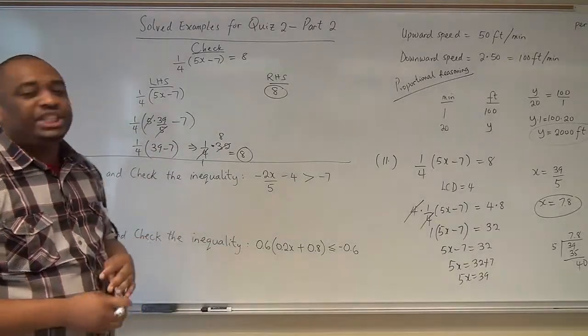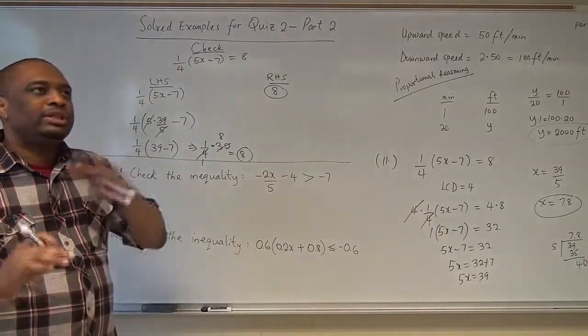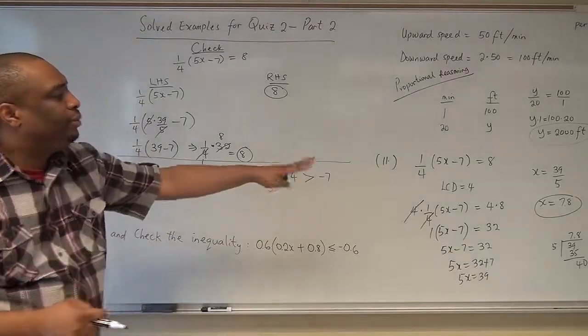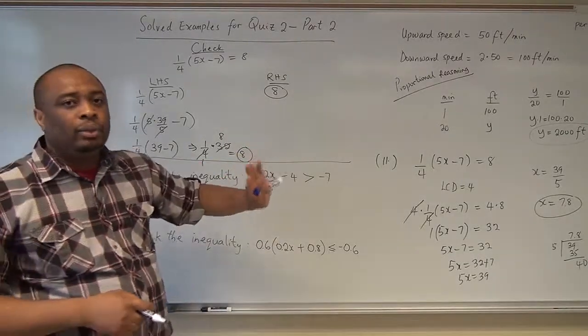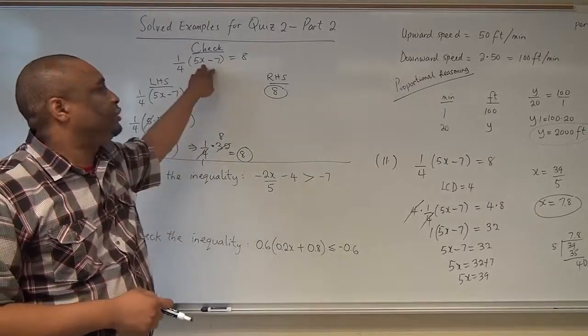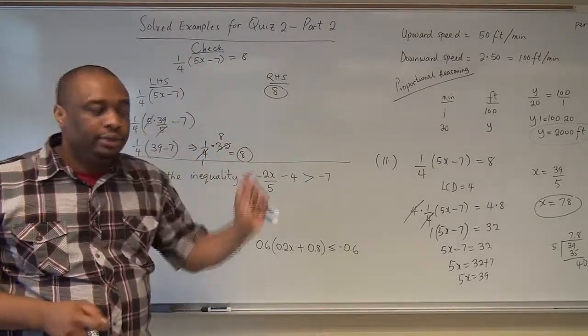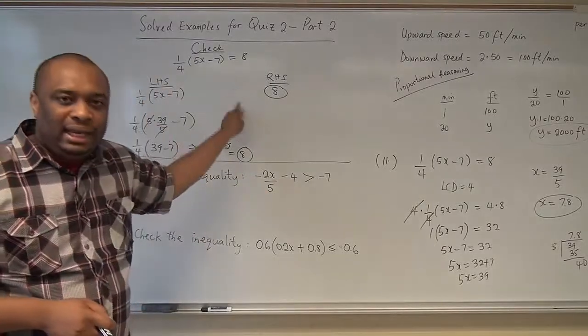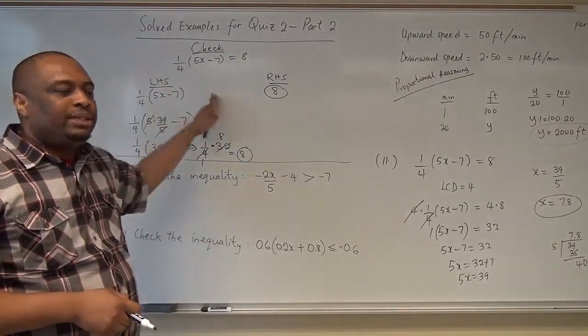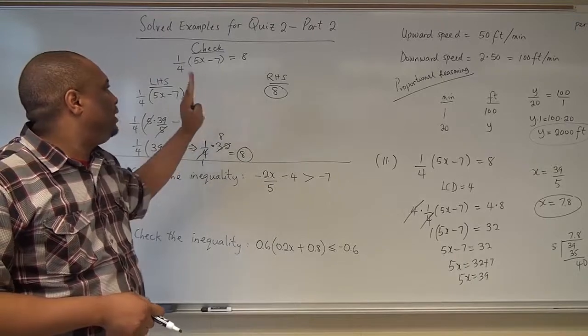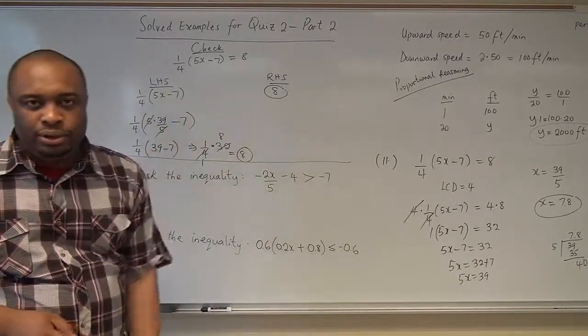That is what we mean by checking. You want to substitute the value of the variable, whatever you got, into the main equation. You don't want to use the modified equation. You want to use the main equation. When you substitute it, you want to determine whether your left hand side is equal to your right hand side.